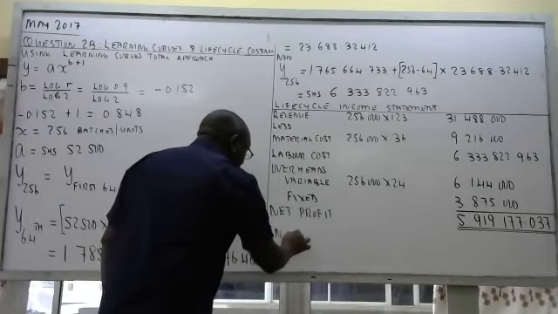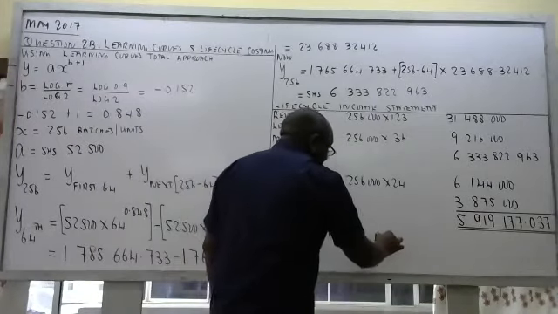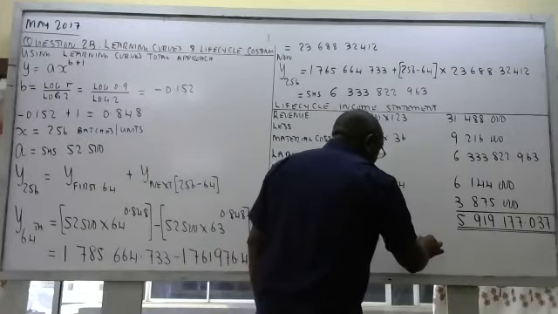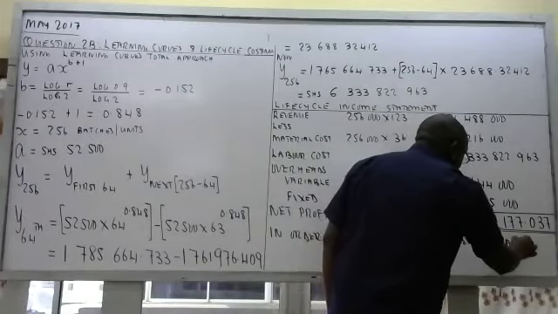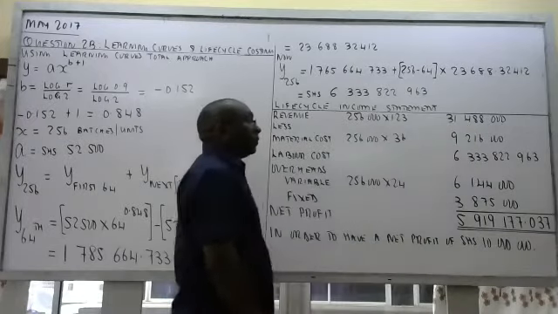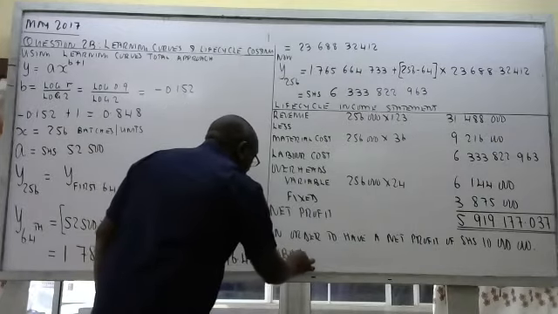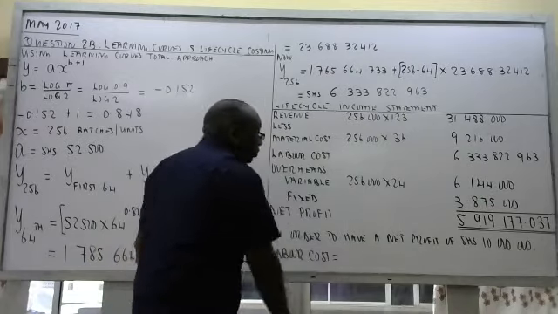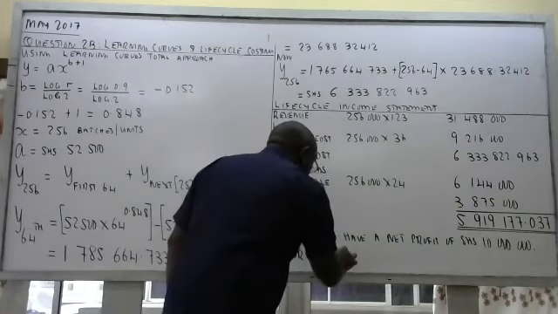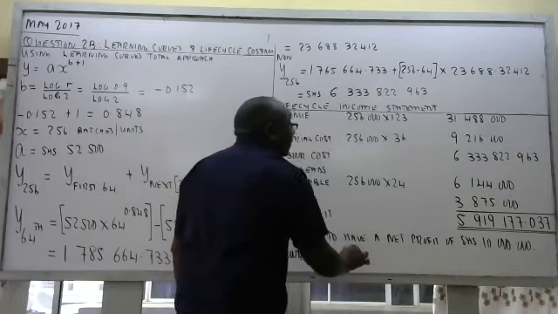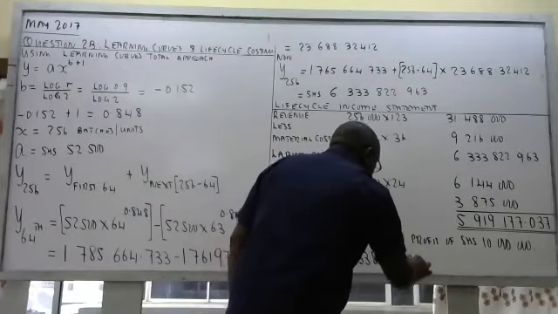So we will say, in order to have a net profit of shillings 10 million, labor costs should be equal to, it should be the current 633,822.963.